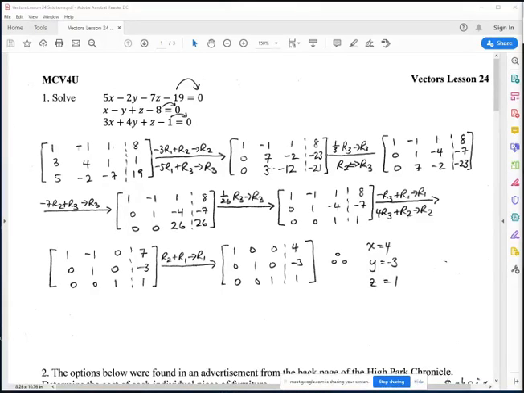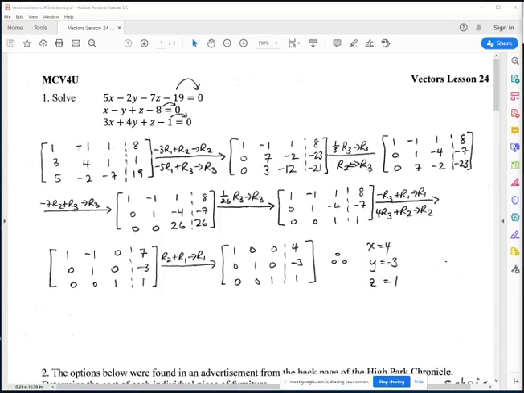To simplify it, I could have simply done -3 times row 2 plus 7 times row 3, multiplied both rows in order to be able to get my 0 here. Instead, what I decided to do is simplify this row by dividing by 3, and then to exchange the rows.